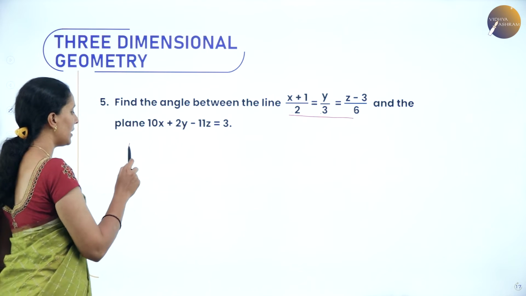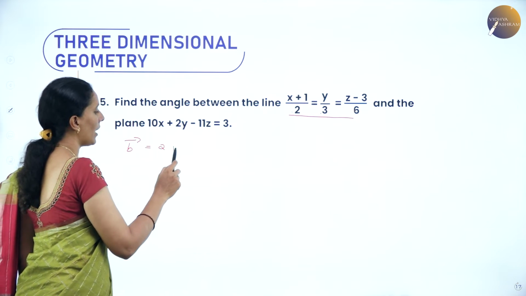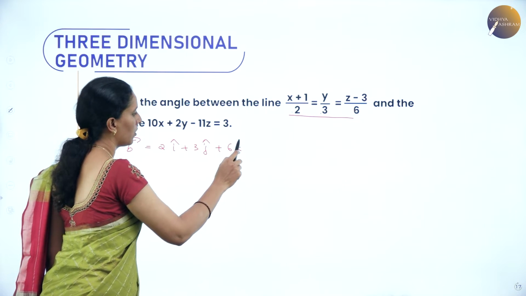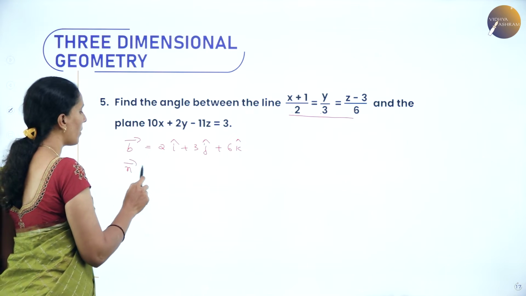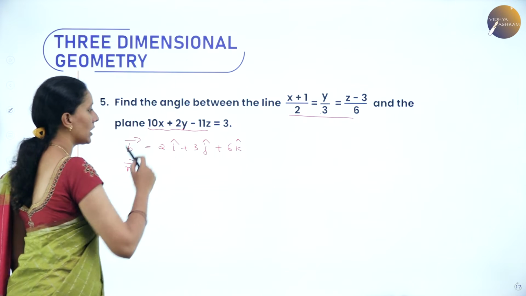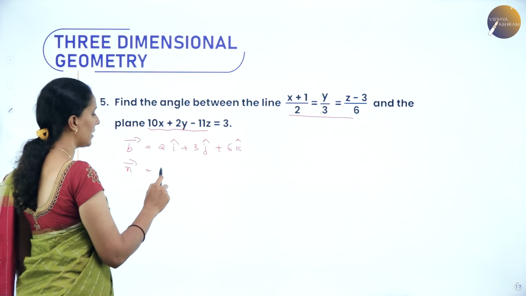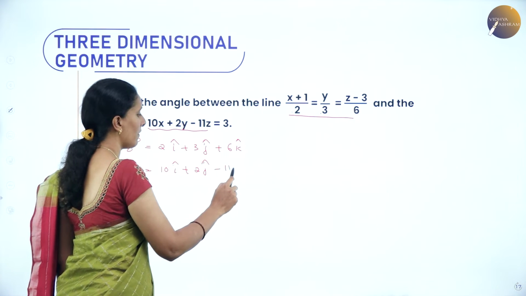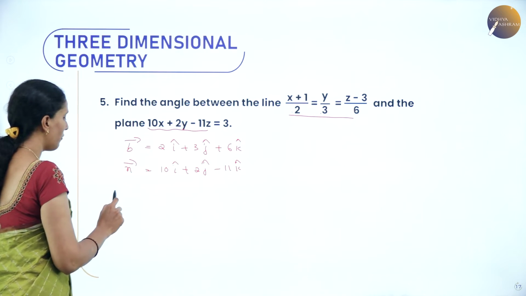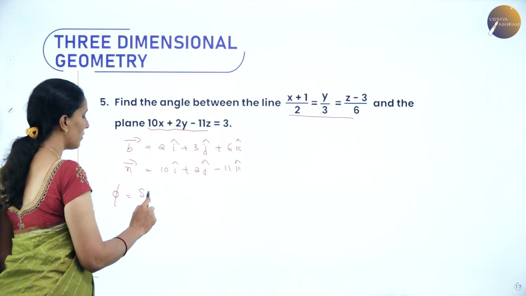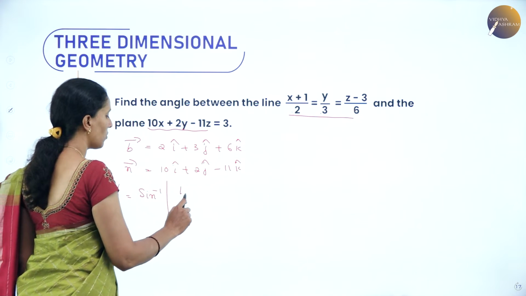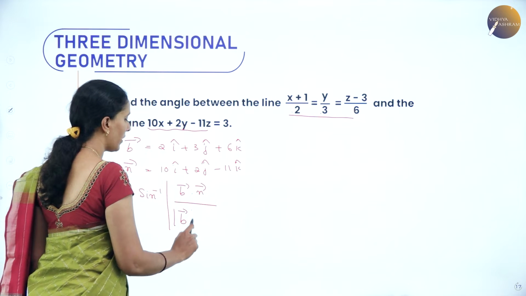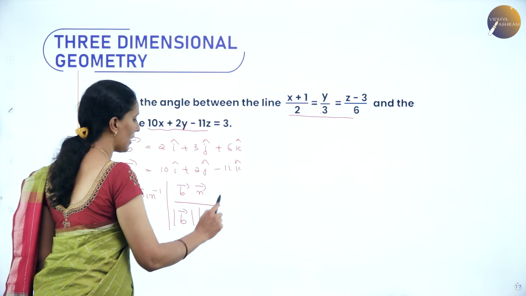Hence vector b is 2i plus 3j plus 6k. What about the normal? The normal can be written by taking the coefficients of x, y, z, that is 10i plus 2j minus 11k. Now we have phi as sine inverse of modulus of vector b dot vector n cap divided by magnitude of vector b magnitude of vector n cap.